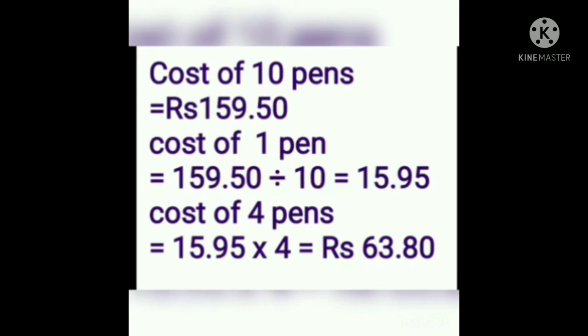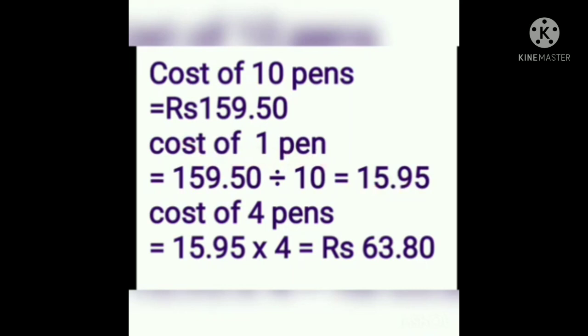Where does the decimal point shift? This number is 10, isn't it? So does it shift to the right or left? Yes, to the left. And in 10 how many zeros are there? One. So this decimal point shifts 1 place to the left. So what do we have? 15.95. So the cost of 1 pen is 15.95.